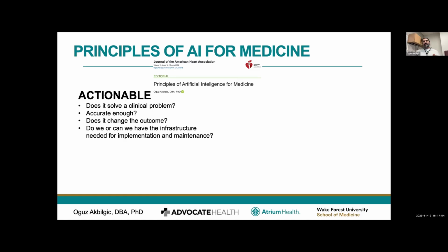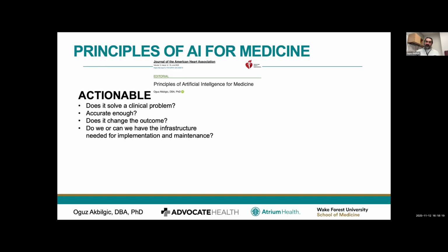Also really important, does it really change the outcome? Predicting a clinical event is one thing, but can we change anything in the course of patient outcomes or healthcare resource utilization? If we cannot change anything, even if it is accurate enough and addressing a clinical problem, it may not be actionable.